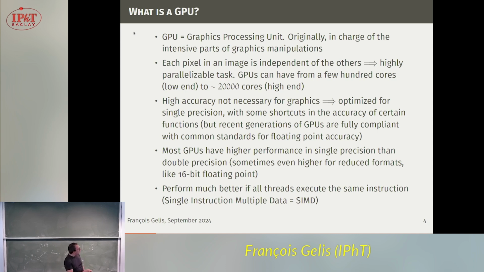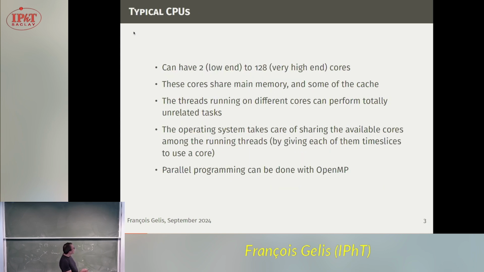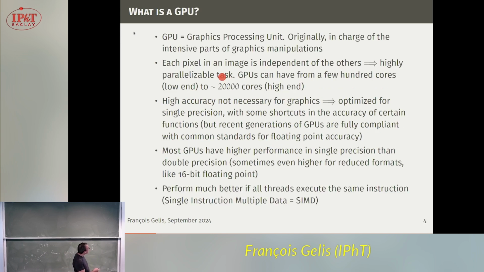Now, a computing core of a GPU doesn't compare directly to a computing core of a CPU in the sense that, one by one, they are less powerful than a core of a typical CPU. But because their number can be very large, they in fact outperform all the CPUs.